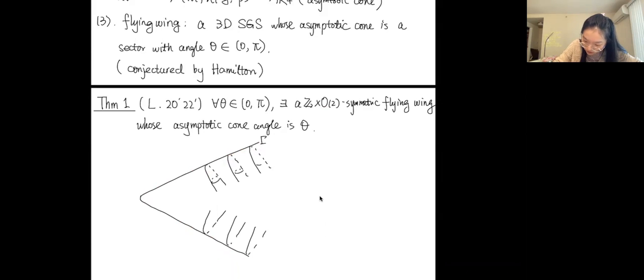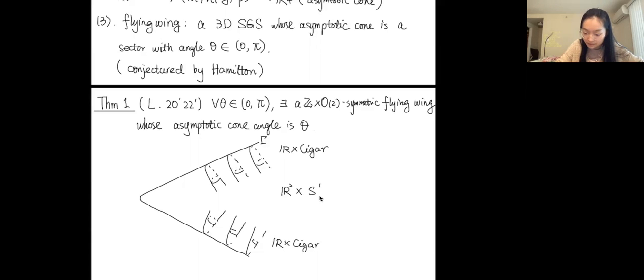Along the edges, at the two different ends, the metric looks like R cross cigar. In the middle, the geometry looks like R^2 cross S^1, the flat cylindrical plane.